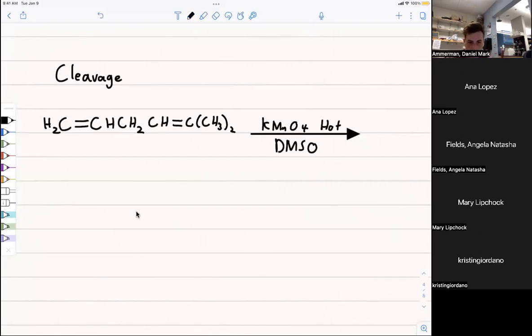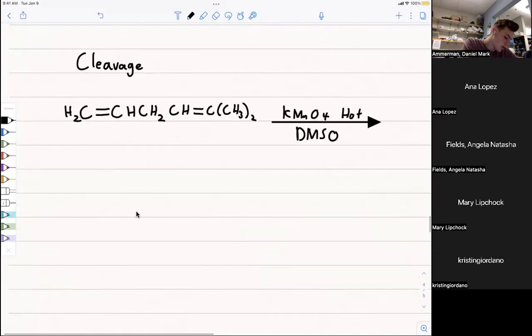So this one is cleavage of that. You'll see a lot of this on the ACS. You'll probably see something very similar to that on her exam too. First step, draw the line drawing every single time. It's so much easier to do it as a line drawing. So I'm going to do that.